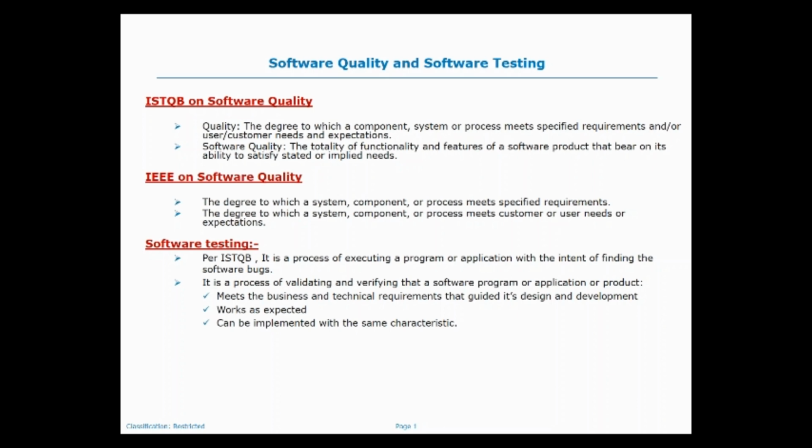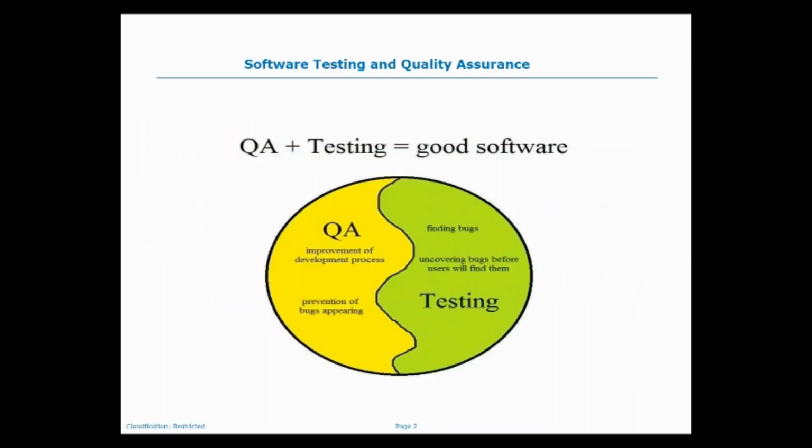That is the whole purpose, and this is the main thing when anybody asks what is software testing, why you have to do software testing. You have to say that it is for finding the bugs before you give it to the customer.